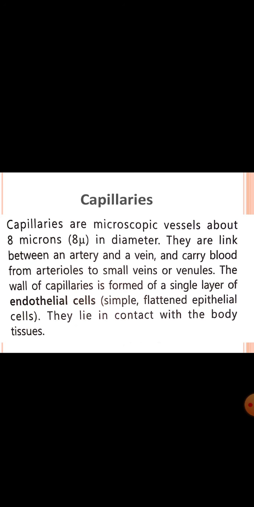Next topic is capillaries. First of all, capillaries are microscopic vessels about 8 microns in diameter. They are a link between an artery and a vein and carry blood from arterioles to small veins or venules.